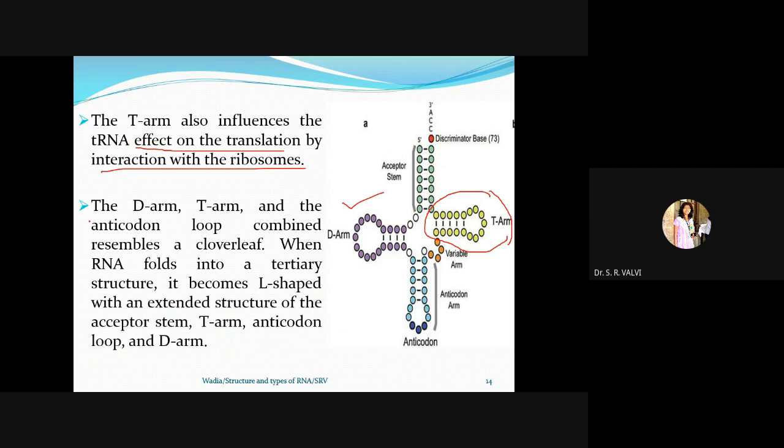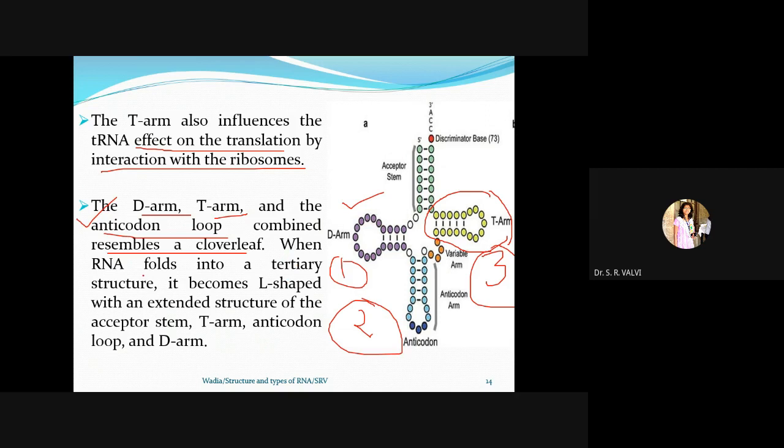Then see the next: the D arm, T arm and anticodon loop combined resemble a clover leaf. This is the D arm, then the anticodon loop, and this is the third part. It looks like a clover leaf, right? In my coming slide I have shown that image. Just let me finish this.